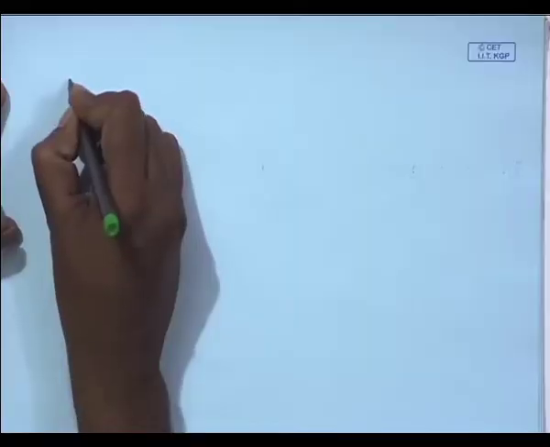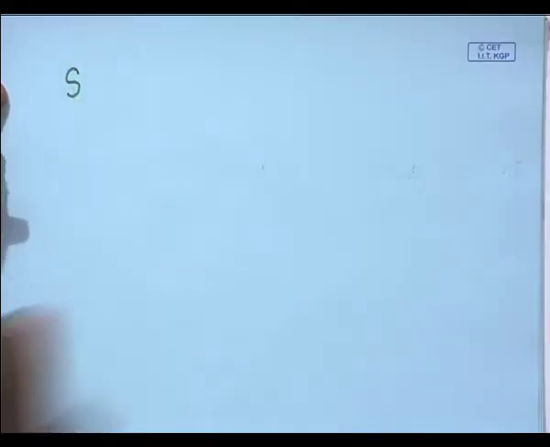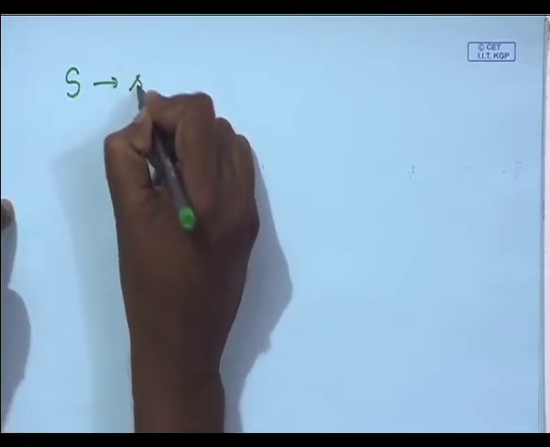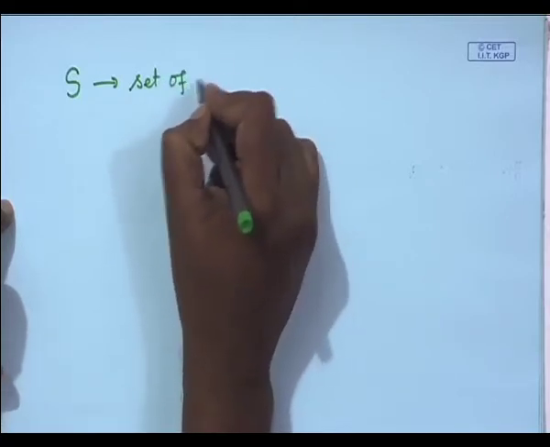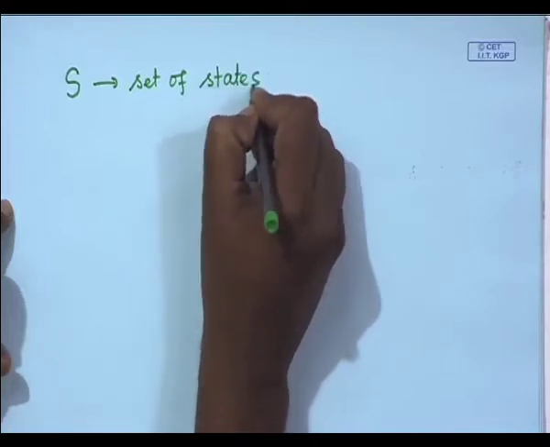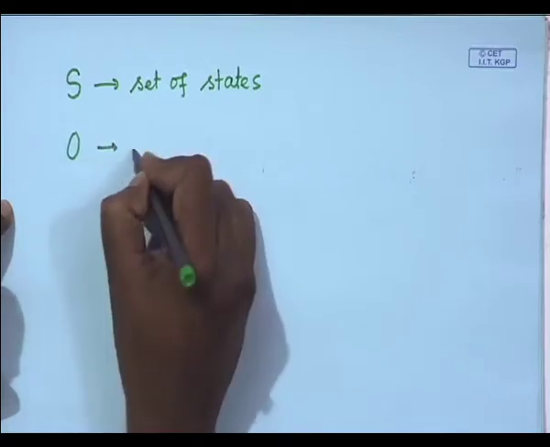It has a finite set of states, say S, which is the set of states, and O, which is the set of outputs.